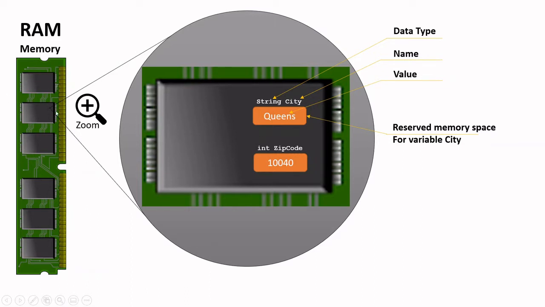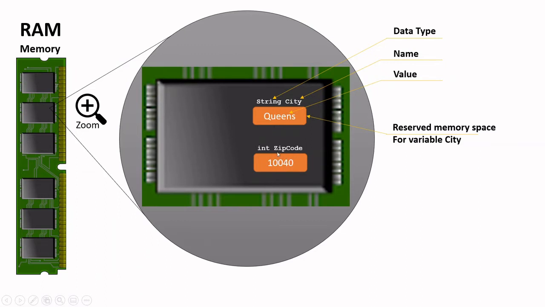So if we zoom into RAM, we will find, for example, the first variable, which has the name city and the type string, and the value that we placed in it is Queens. So this is a reserved memory space in our RAM that has a name, has a type, and can store certain values. Same thing here: we have this reserved orange memory space that stores a certain value.